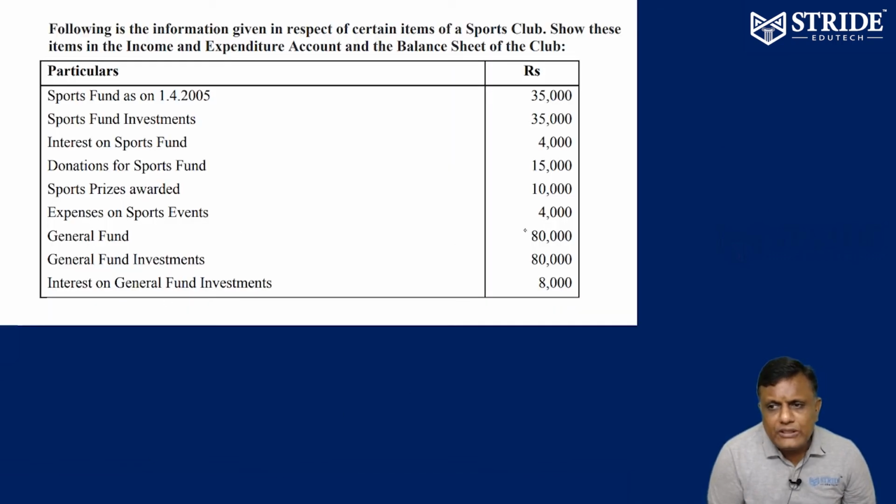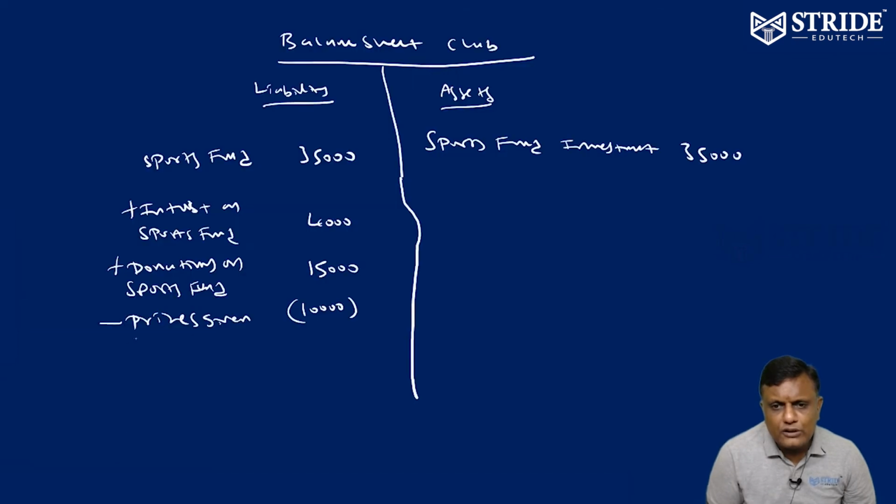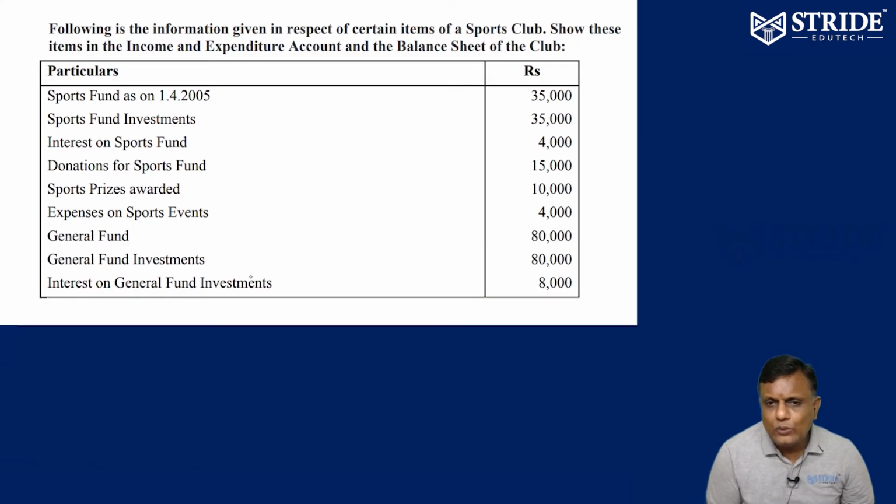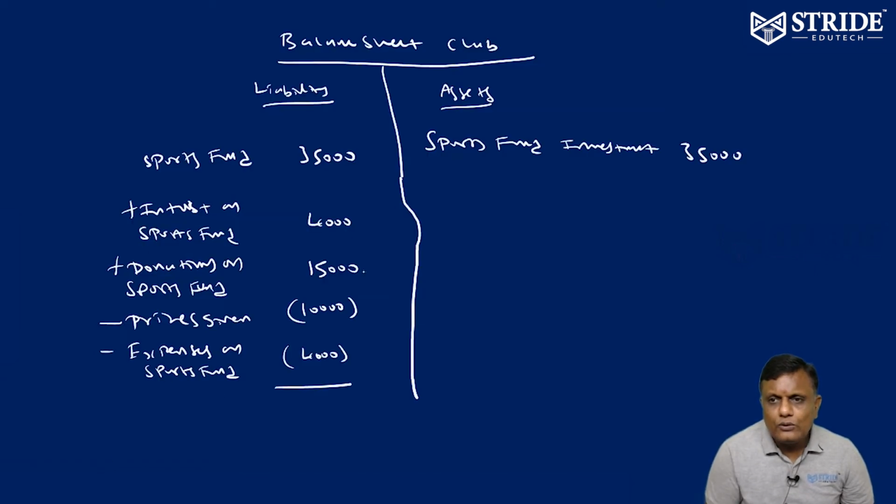Any expense on sports event? How much? 4,000, right? Expenses on sports fund, 4,000. I'm going to subtract. So the sports fund item is over. Now add 35 plus 4 plus 15 minus 4 minus 10. You will be getting 40,000.